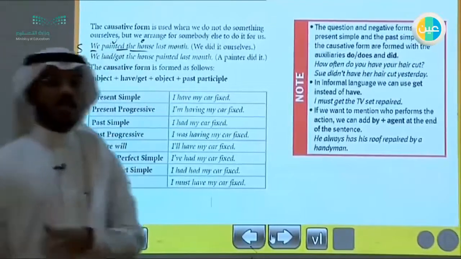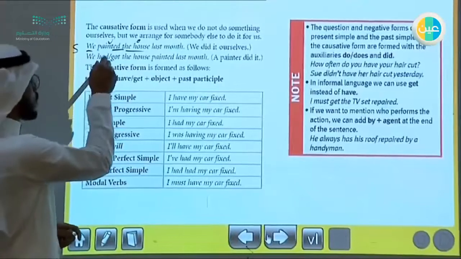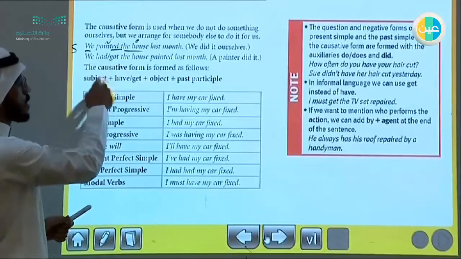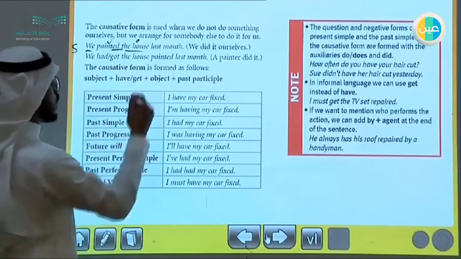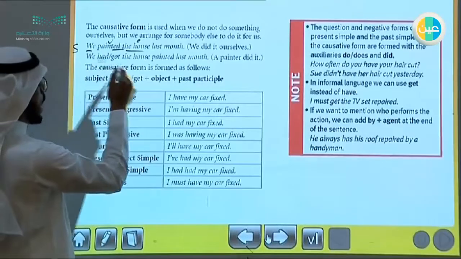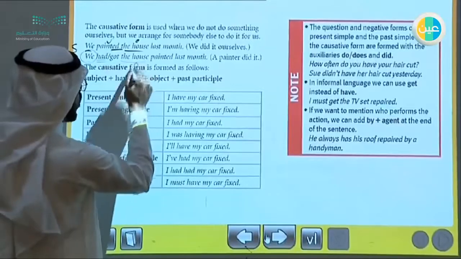Now, when I use causative form, look at this sentence. We had, or we got, it's optional, the house painted last month. Now this is the subject, had, and the house, the object.